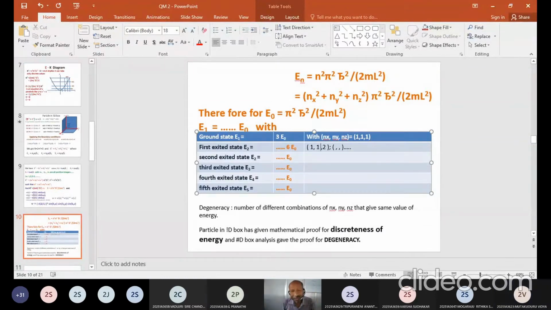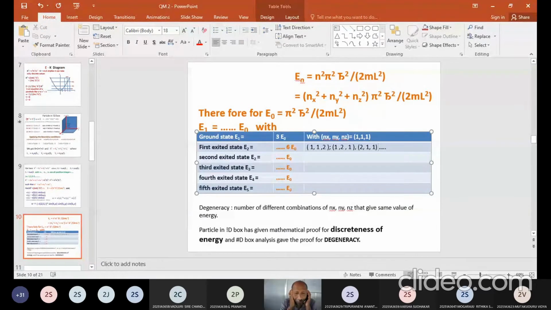How many different ways can you have it like that? 3 only, sir. Good, 3 only. So these are the 3 different ways in which you can have Nx, Ny, and Nz values to give you the same 6 E naught energy.